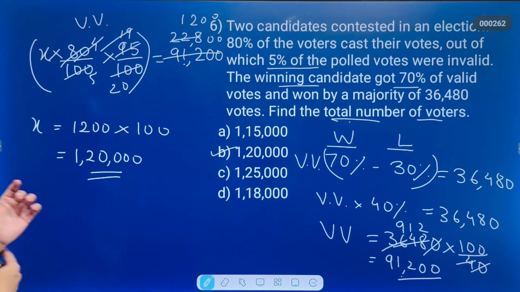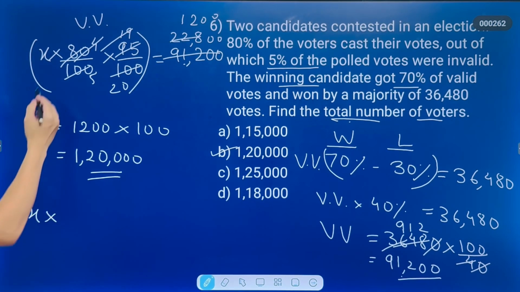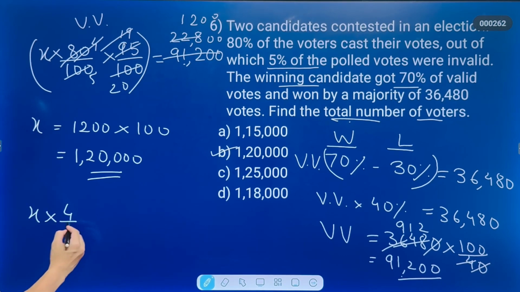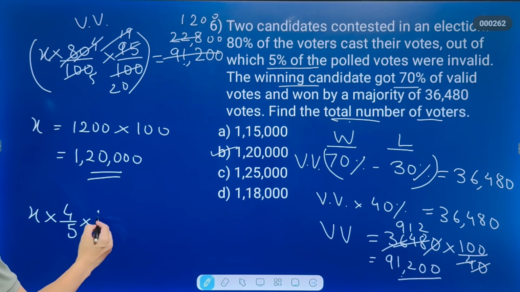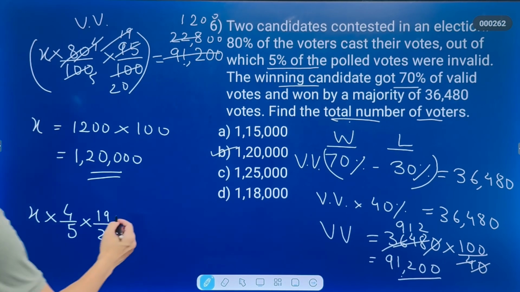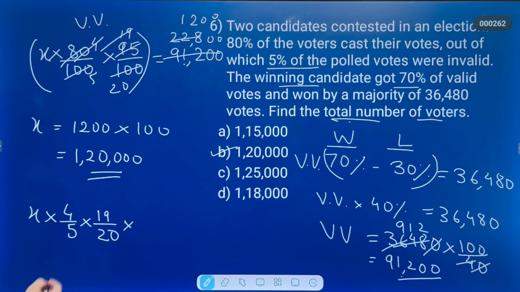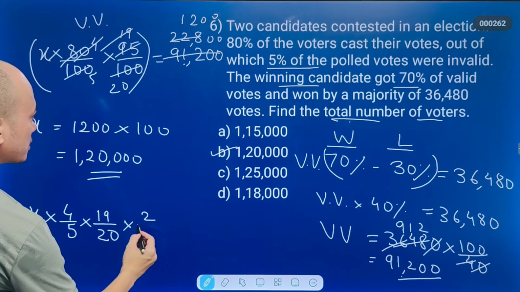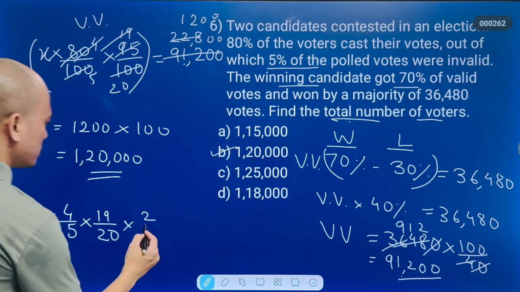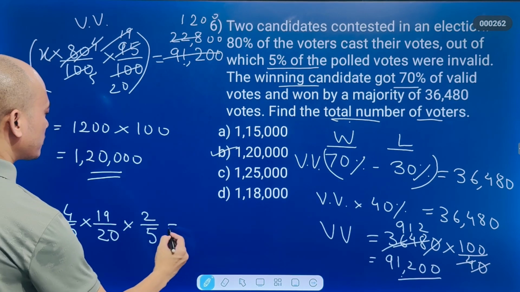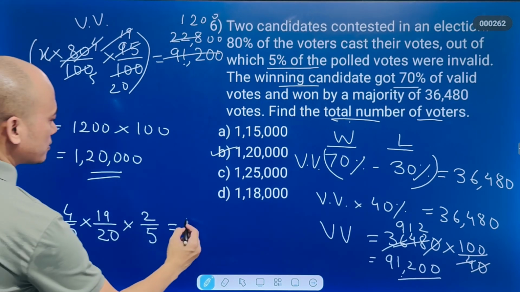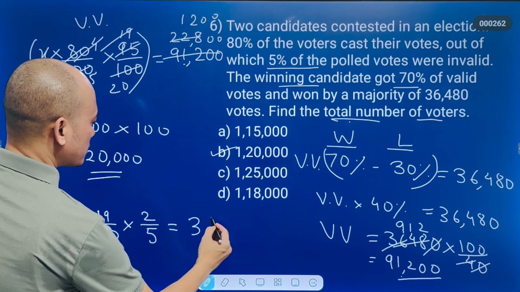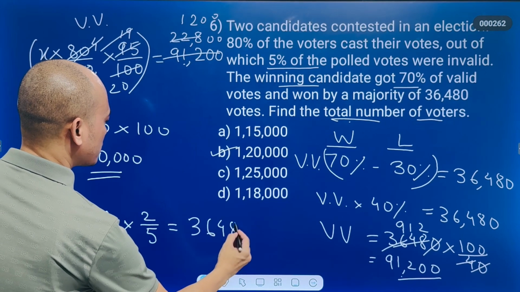We can solve it in one line itself. We can write like this: x into 80%, which is 4 by 5, then 95% we can write as 19 by 20, then into 40%, which is 2 by 5, is equal to 36,480.